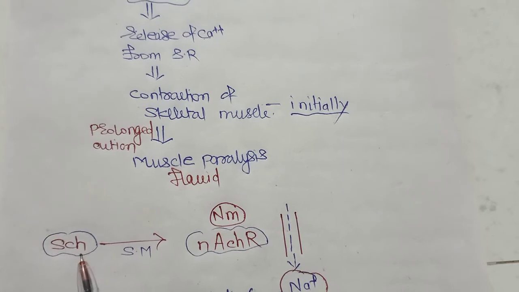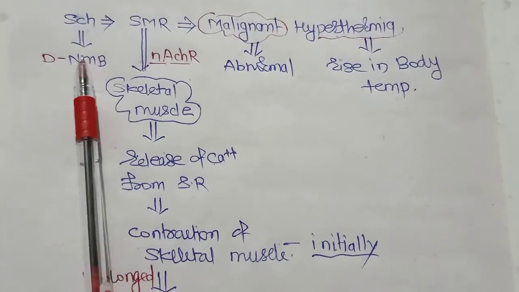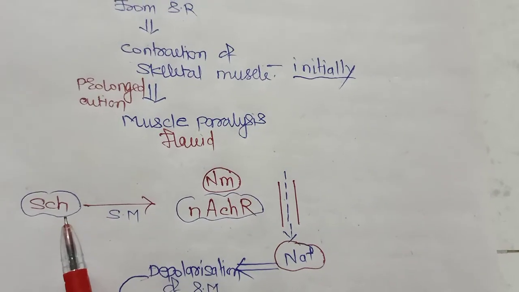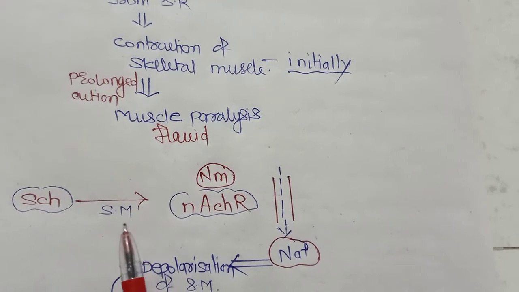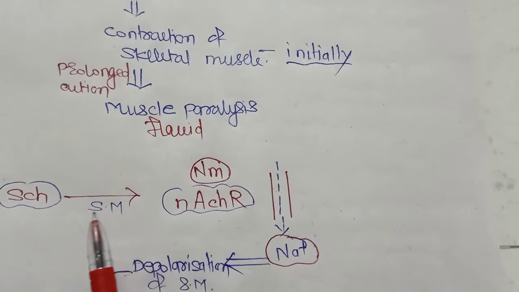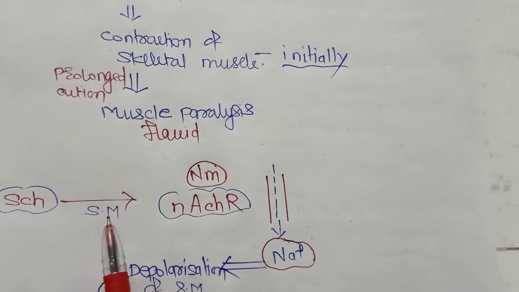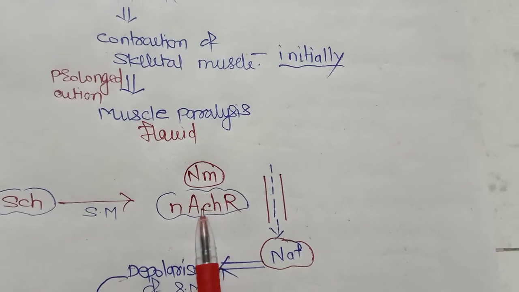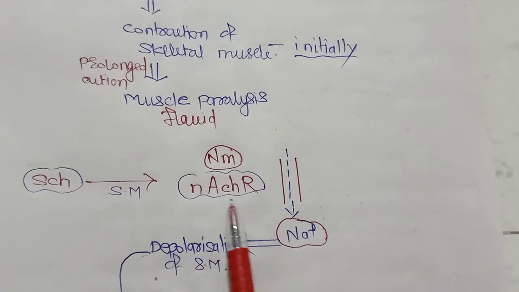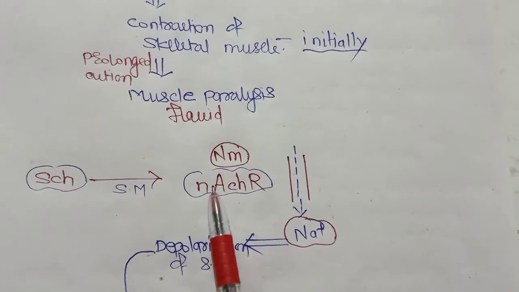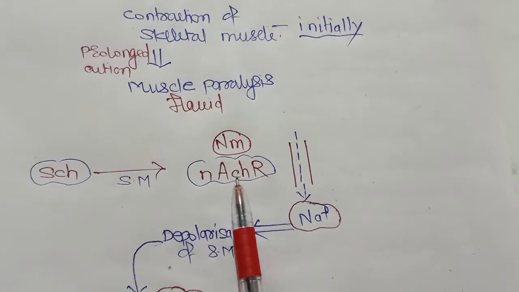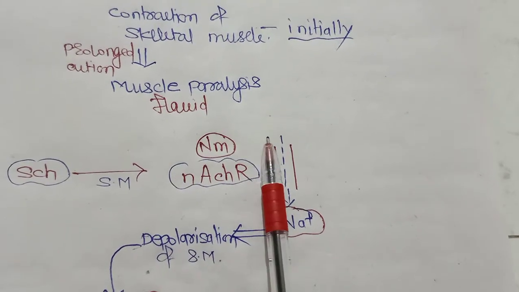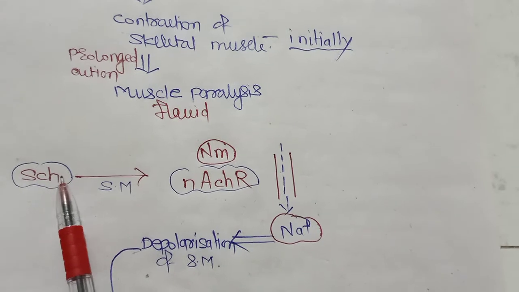It acts on the skeletal muscle, on which receptor? The NM receptor, the nicotinic acetylcholine receptor. These receptors are inotropic receptors, that is, ligand gated ion channels. The ligand is succinylcholine.